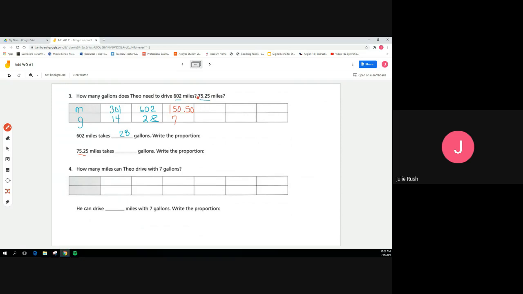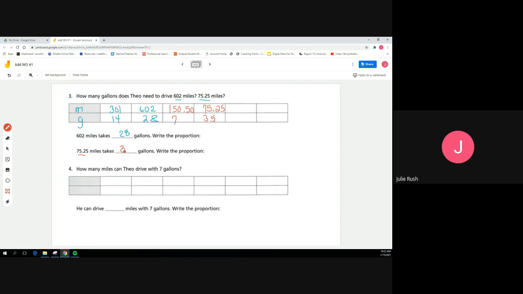So 75.25 is half of 150.5. So now I've hit my target of 75.25, and I want to take half of the number that corresponds with 150.5. So that's the number underneath. And half of 7 is 3.5. So it only takes me 3.5 gallons.